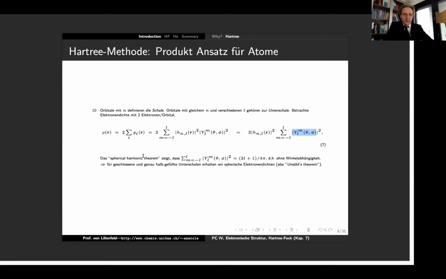So this is a theorem where you don't have angular dependency as long as the shells are closed or half filled. There's something known as Unsöld's theorem, and this will generate also electron densities which are spherical.